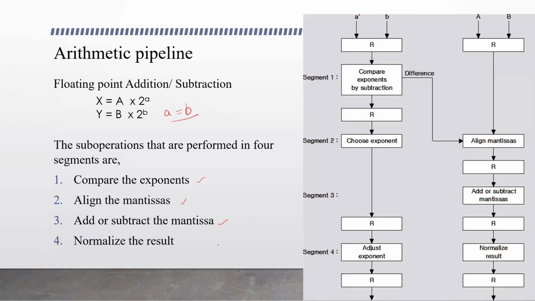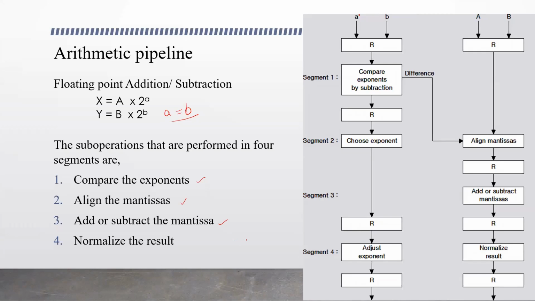Normalizing means handling overflow: when we perform addition, there may be overflow. In the same way, after subtraction, the result may have underflow. That is identified by the digit before the decimal point, which should be 0 in the result. If it is some other digit, we need to shift the mantissa digits to the right and adjust the exponent.